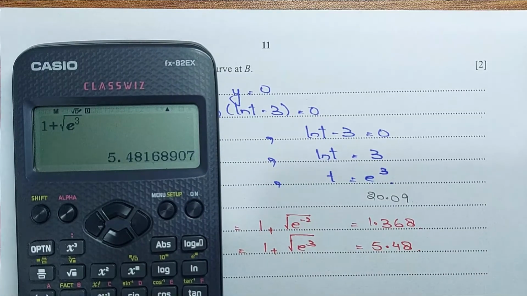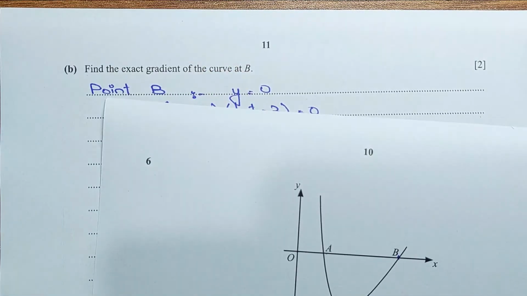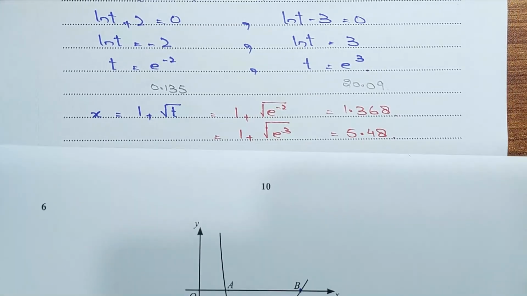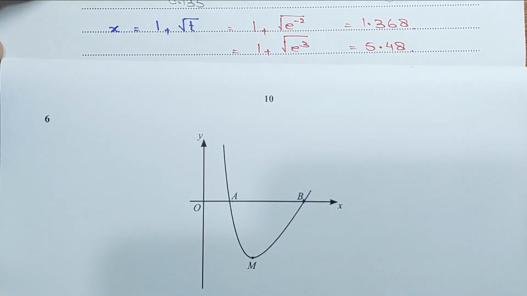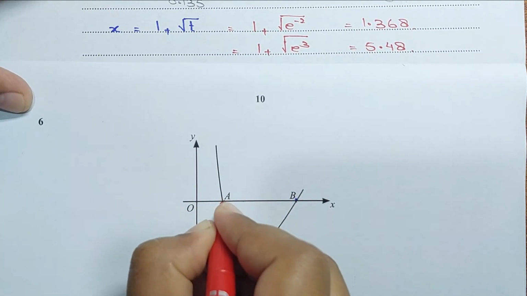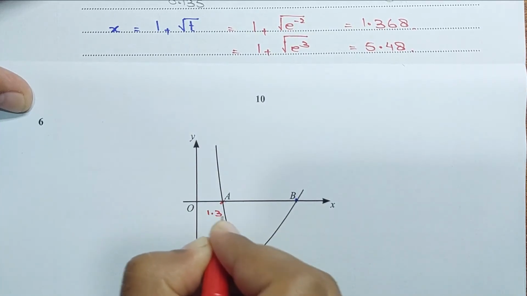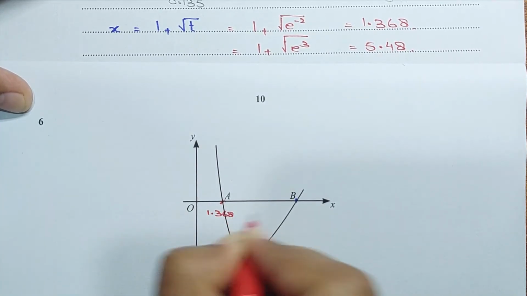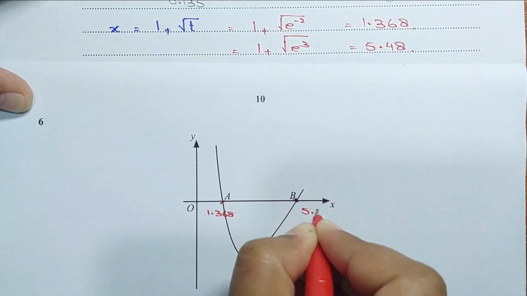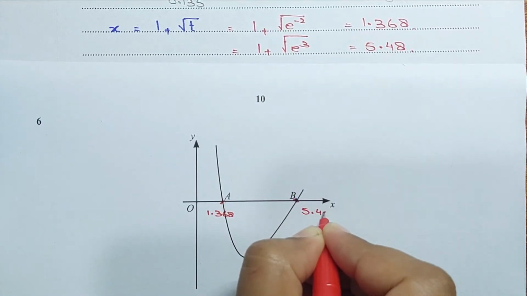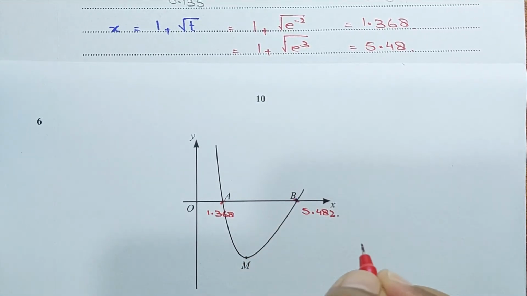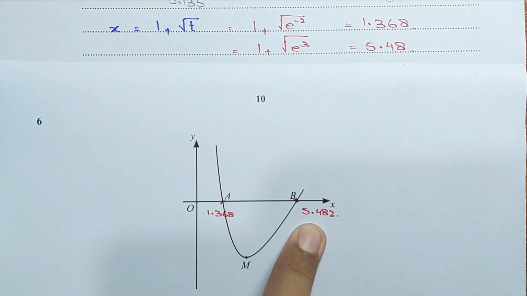It means this is the x coordinate of A, and the y coordinate is obviously 0 because they are lying on the x-axis. This A is 1.368 and this B is 5.482. All right, so which t value do we have to substitute into the derivative?